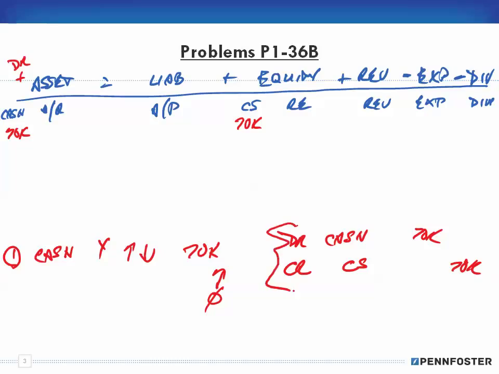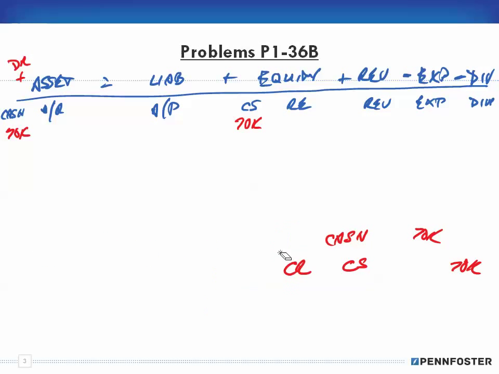And remember, like I said, this is what the journal entry would look like, but we would be posting to the general ledger accounts, each individual account, and I would be posting that $70,000 to the equity account. Why? Because the normal balance of a liability is a credit, and the normal balance of equity is a credit.